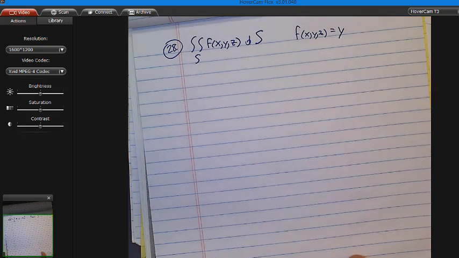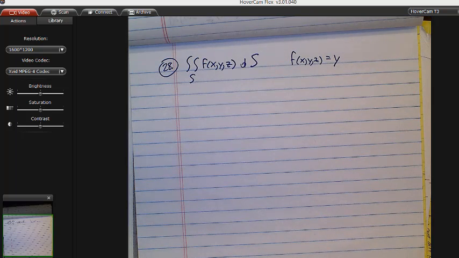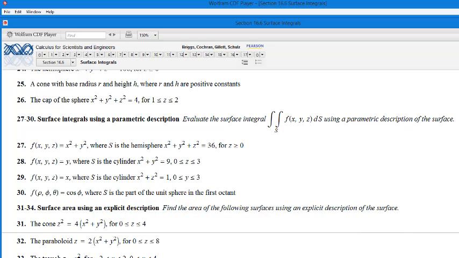Fine. And then the cylinder that we're talking about, S, is the cylinder, they say, described by x squared plus y squared equals 9, and z is between 0 and 3.